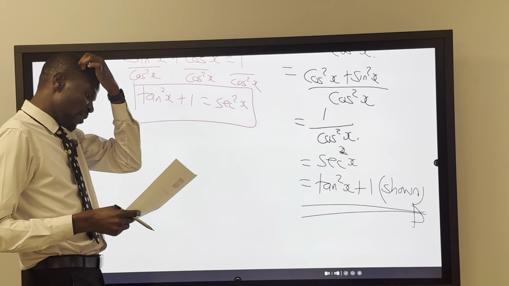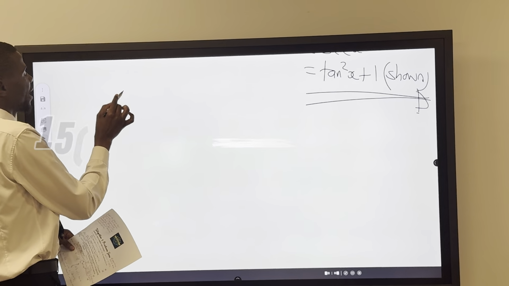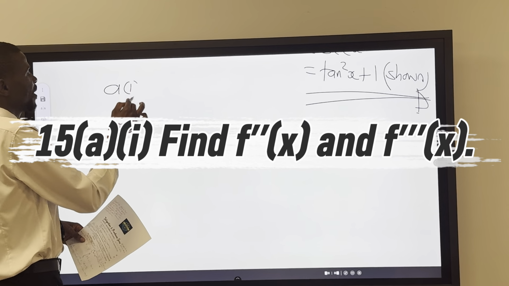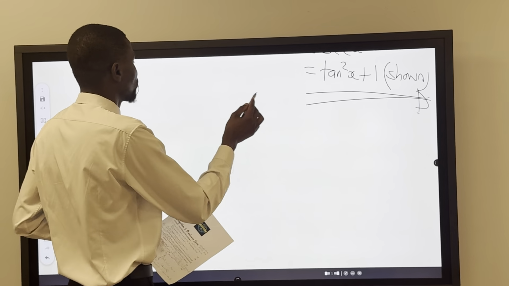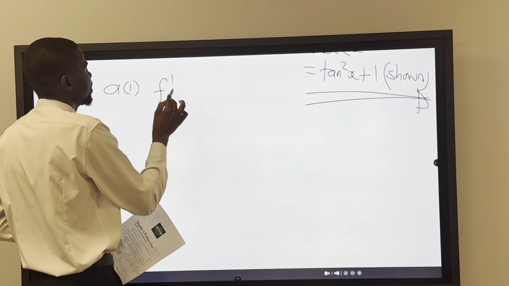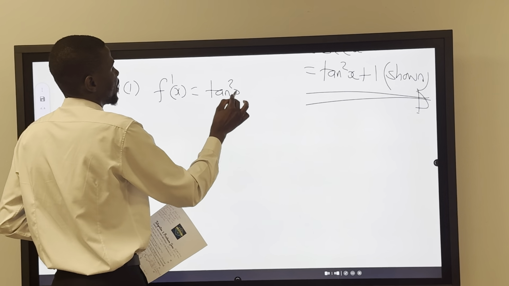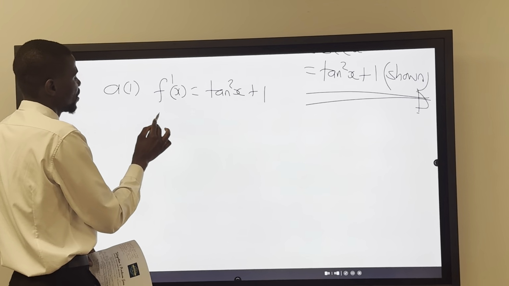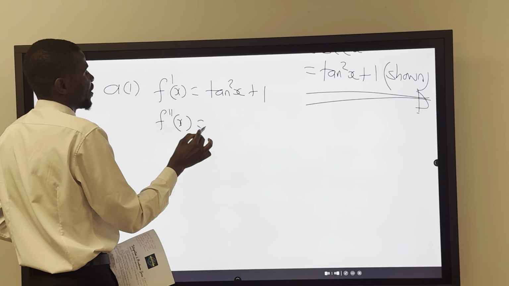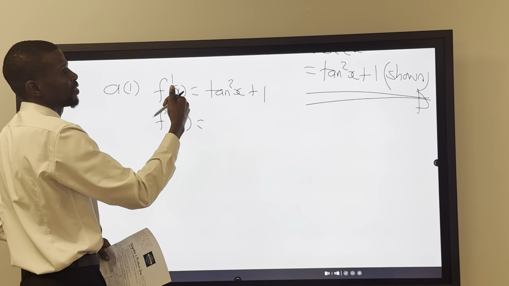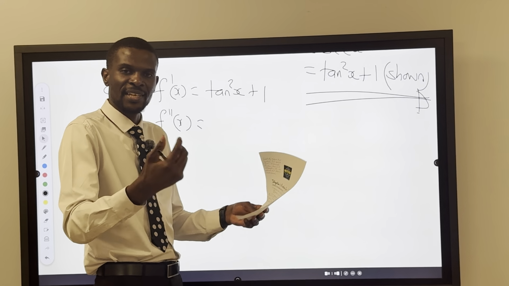Okay, so now we have item 1. We have to express the second derivative and the third in terms of that. So now we know that our first derivative is equal to tan squared x plus 1. To get the second derivative, we are going to use the power rule. We bring down the power, then differentiate the trig, then the algebra.